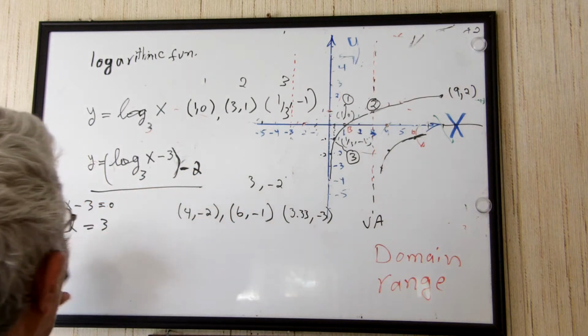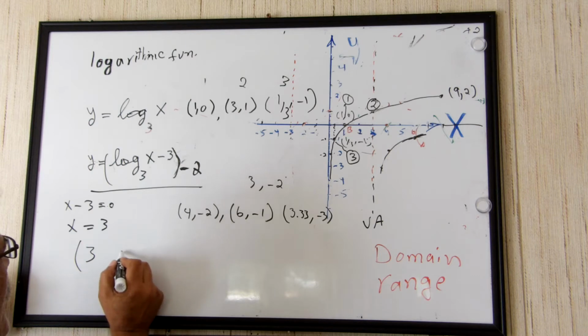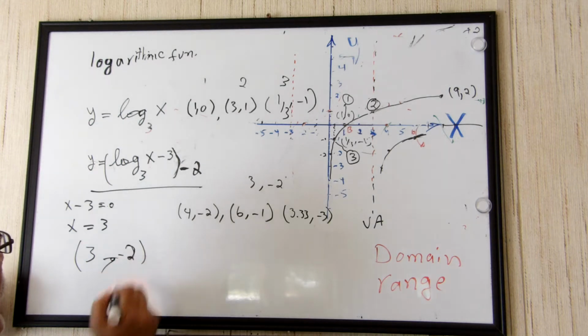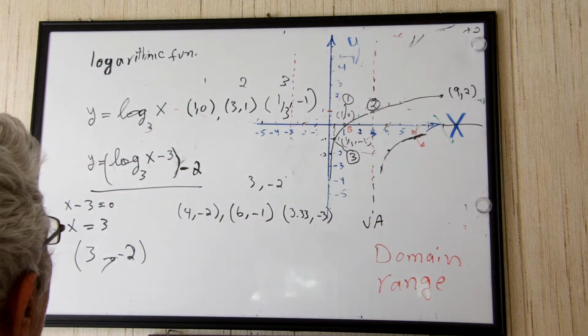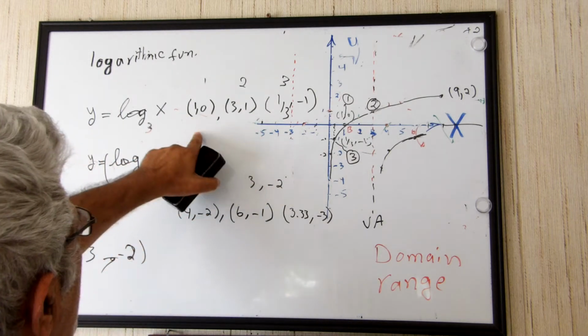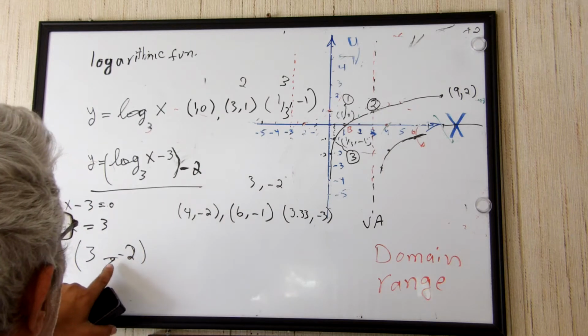So you have x shifted by 3 and y by minus 2. So if you add to the points that we found, we don't need to graph this one. We graph it by transformation.